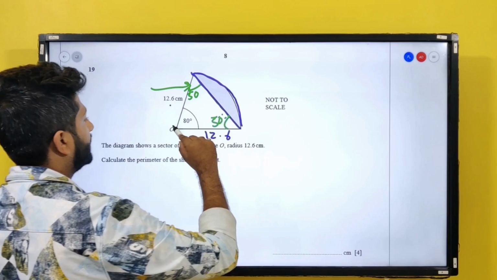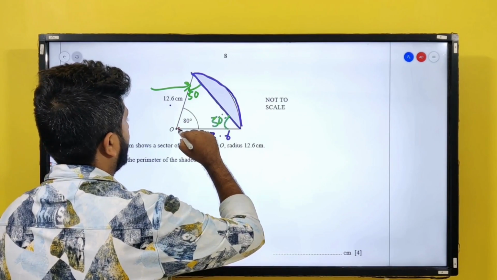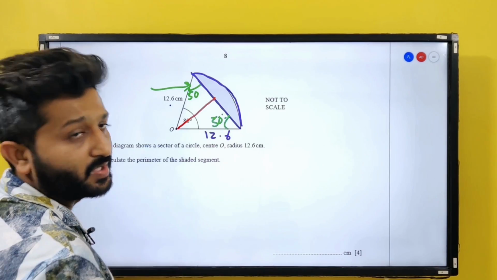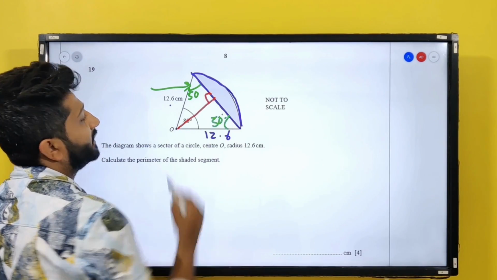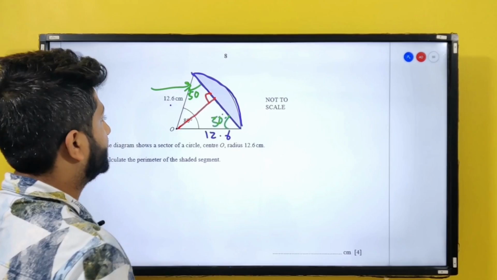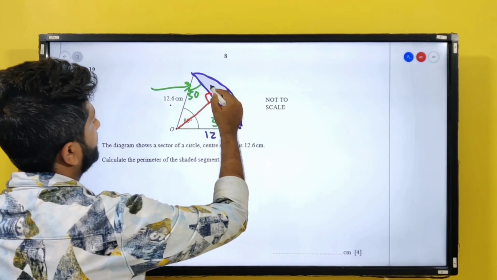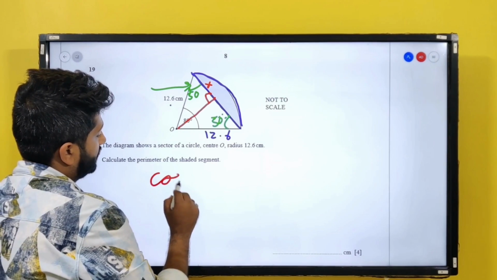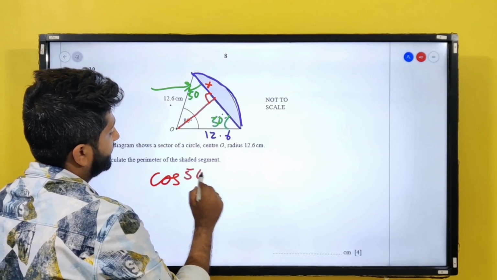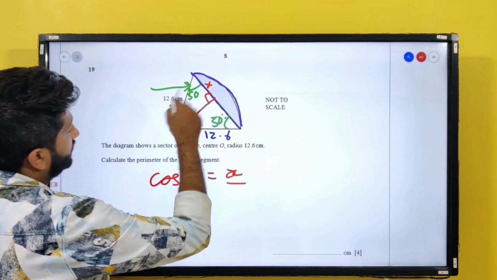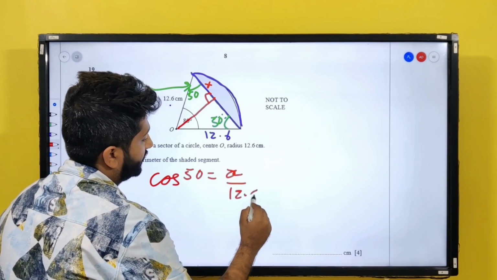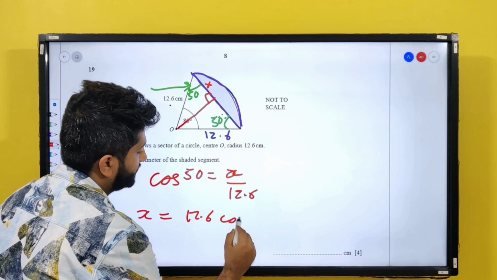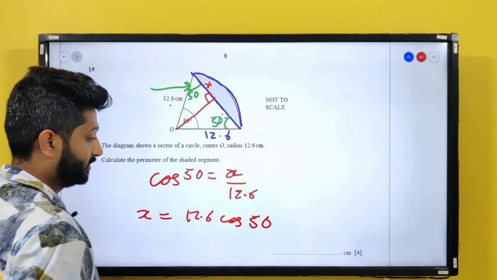Now I am drawing a perpendicular from A. This is going to cut this line into two equal halves, and this is going to be perpendicular. Now using cos theta to find out, let's say this is x. So cos 50 is equals to adjacent upon hypotenuse. So here x is 12.6 cos 50.